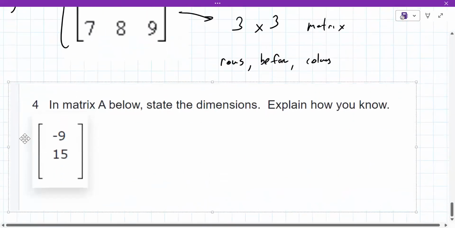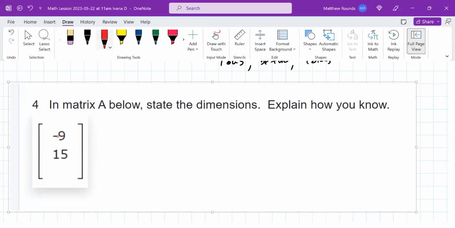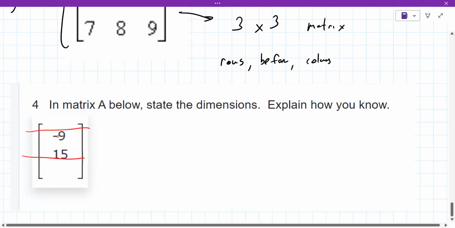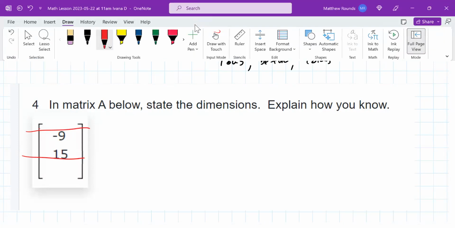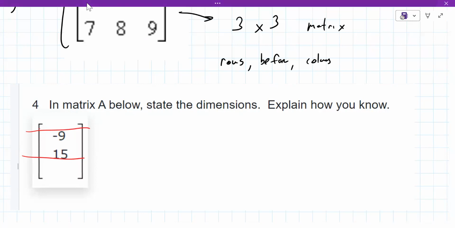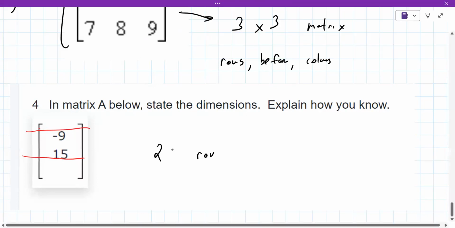How many horizontals do you see? I know it's on a screen, but if you just write it out and make horizontal lines, how many of those are there? There's only like 2. That's right. So there's 2 rows. How many columns are there?